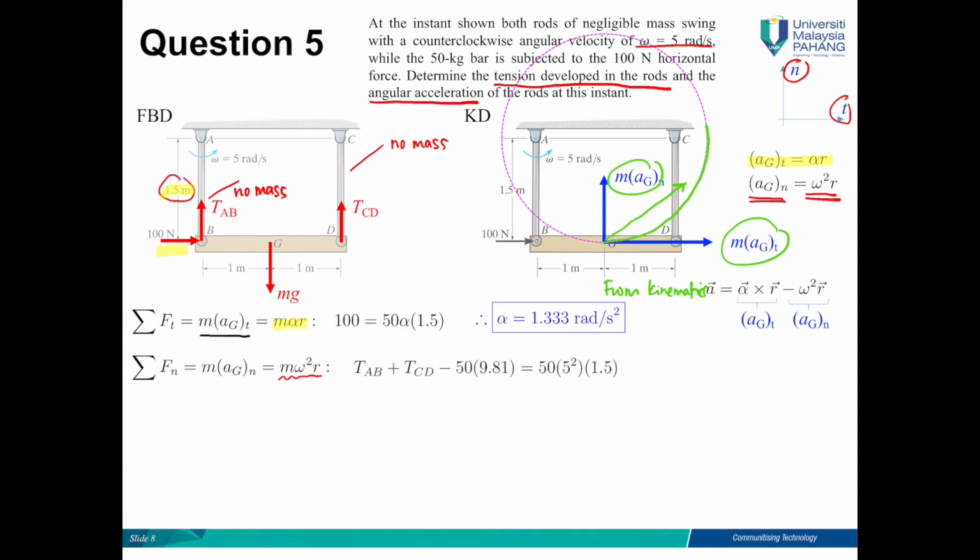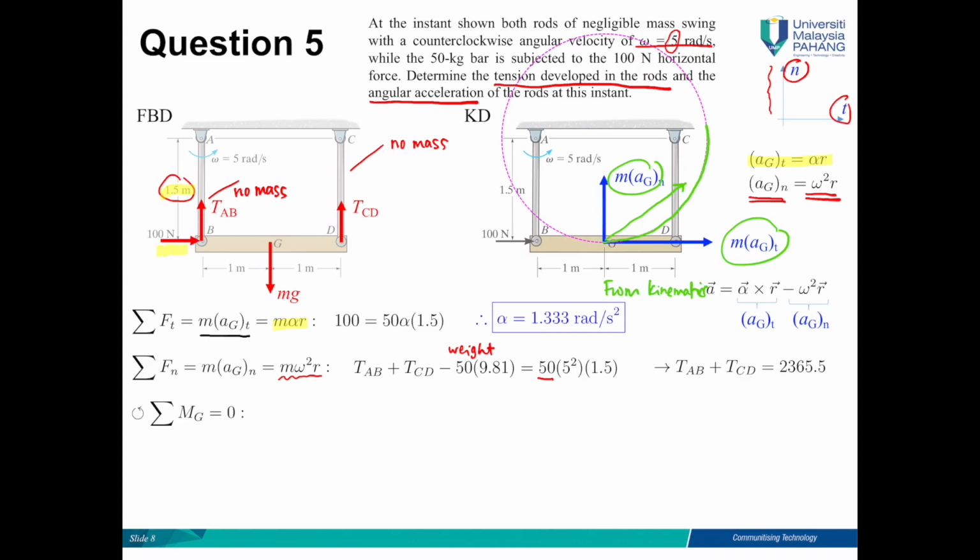In the normal axis, which is positive up according to this definition, we have TAB plus TCD minus the weight, and on the right hand side it is m equals 50, omega square with omega given as 5 rad per second here, times 1.5, which is the same distance from the bar to the center of rotation at A and C. From here we have TAB plus TCD equals 2365.5.